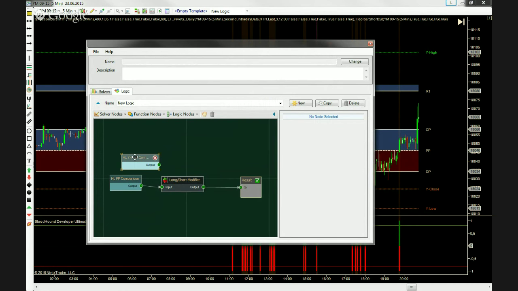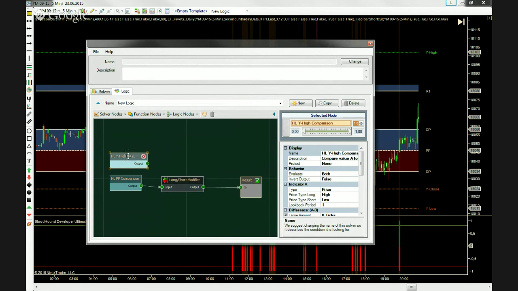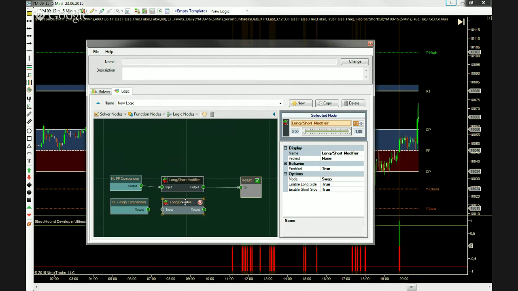Okay. So I'll put it underneath here, add a long short modifier to isolate only the bars that are touching, or straddling, yesterday's high.